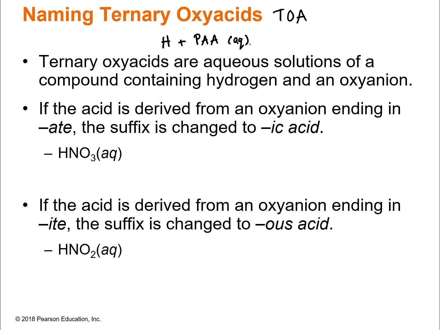The way that you name these acids is based on the ion that the acid is derived from. So, if you have an acid that's derived from something ending in ATE, this is what you do. We have a ternary oxyacid. It's got NO3. That's a polyatomic anion. Look that up on your chart. It's called the nitrate ion.